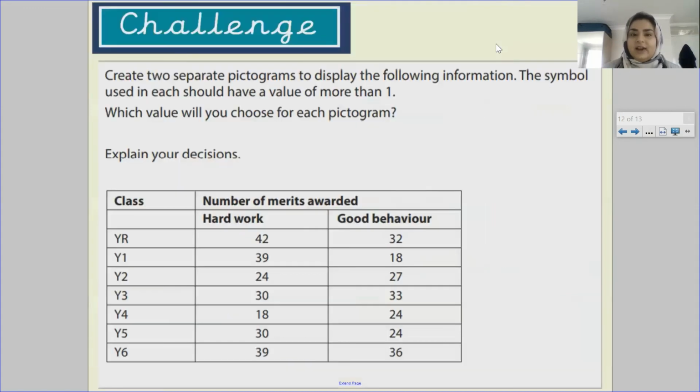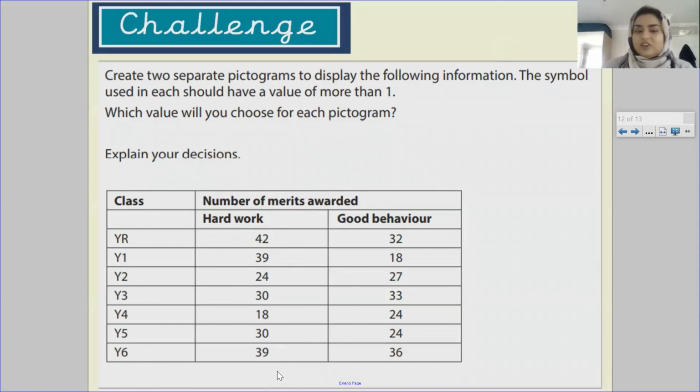Okay, then you have your challenge, and your challenge is create 2 separate pictograms to display the following information. The symbol used in each should have a value of more than 1. Which value will you choose for each pictogram? So the best thing would be to look at the number facts.